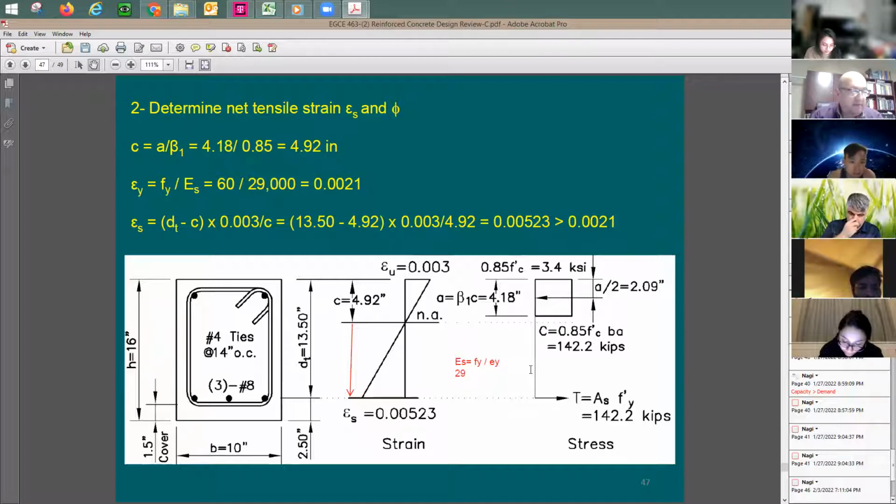Es is 29,000 ksi equals 60 divided by the strain at the yield point. Therefore, Ey, the strain at the yield point, is going to be equal to 0.0021, which is this value here.